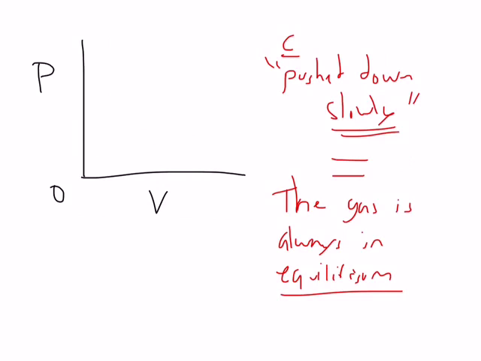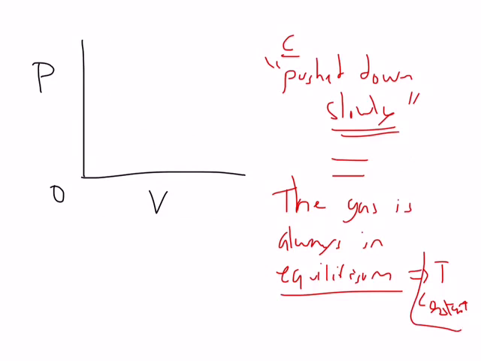Right? And in this case, equilibrium means T, temperature equilibrium, is constant. We're pushing it down so slowly that the molecules can exchange energy with the outside and always reach an equal temperature before we move the piston a little bit more. That means the temperature is constant.